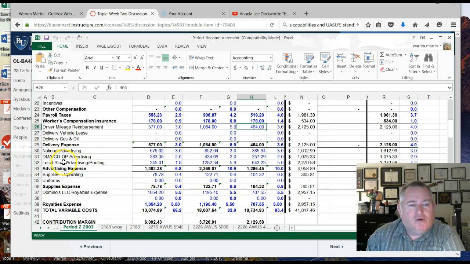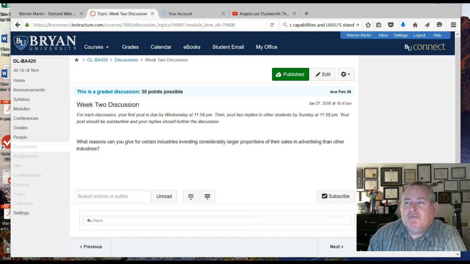Like right here, you've got local store advertising of 1.8%, but this one's 5.95%. So this store paid almost $1,300 during the period, where this store paid $345. Maybe there's a reason for that. That's what the discussion question is about: what would be explanations or reasons for that. So that's just a little example.